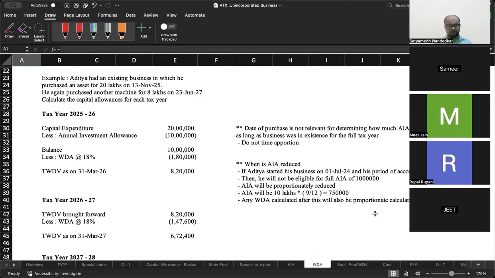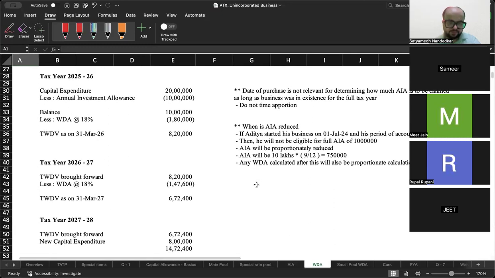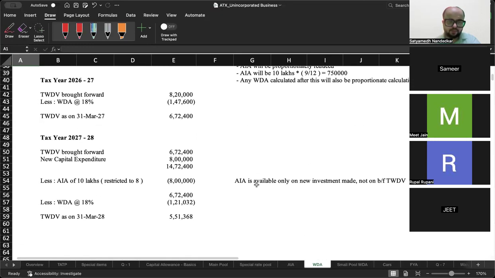Okay. And if the period is shorter, then the AIA is proportionately reduced. Okay. If the fresh expenditure is less than 10 lakh, then AIA will be restricted. You will not get 10 lakh there.